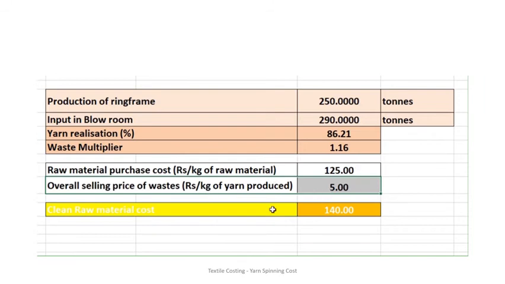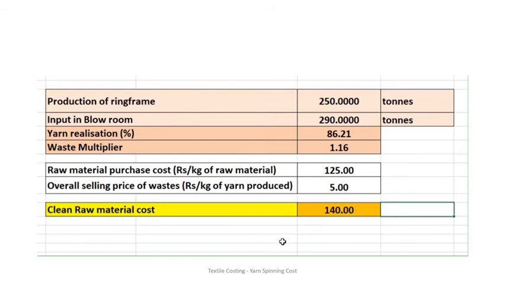From this, by using the formula for clean raw material cost, which is raw material purchase cost 125 divided by yarn realization 86.21 into 100, minus overall selling price of waste, which is rupees 5, you get a value of 140. So this is how they calculate the clean raw material cost, which is usually termed as RMC in your surveys.